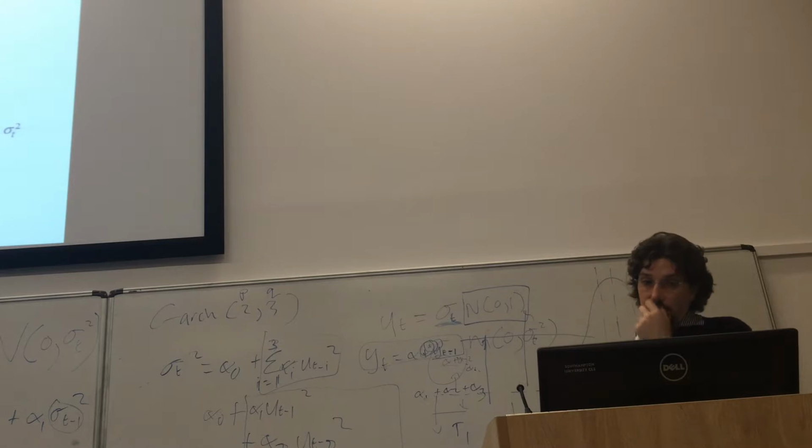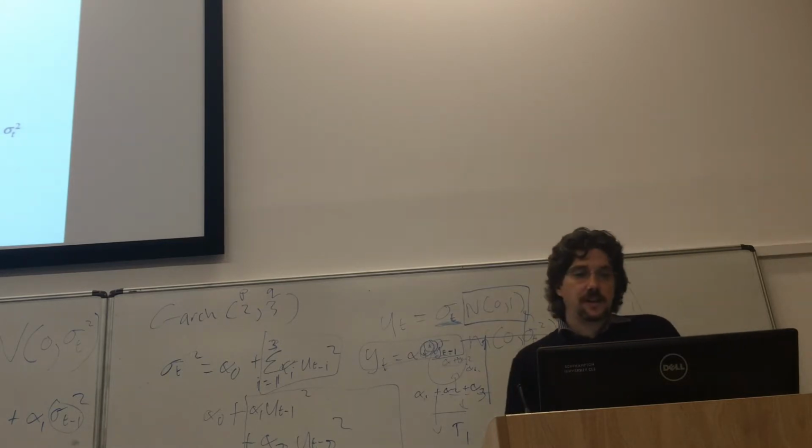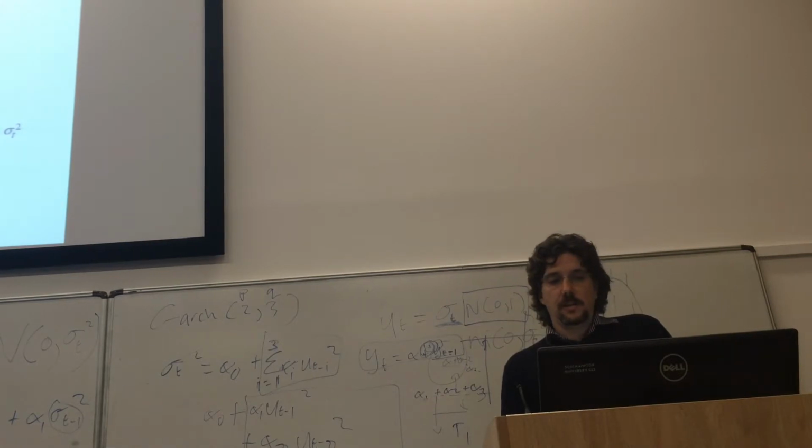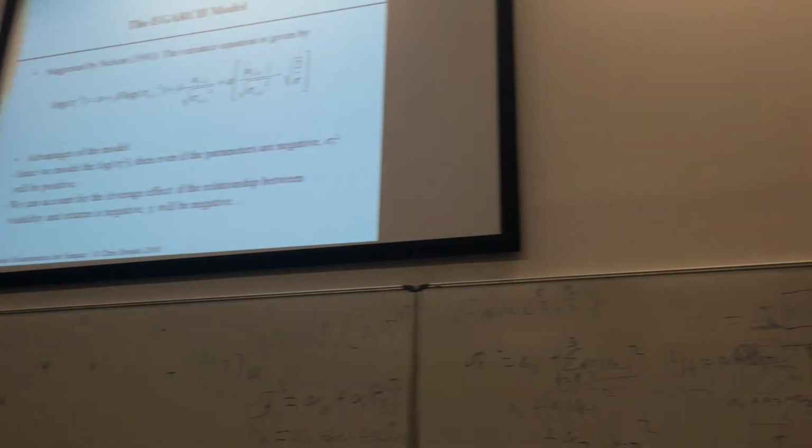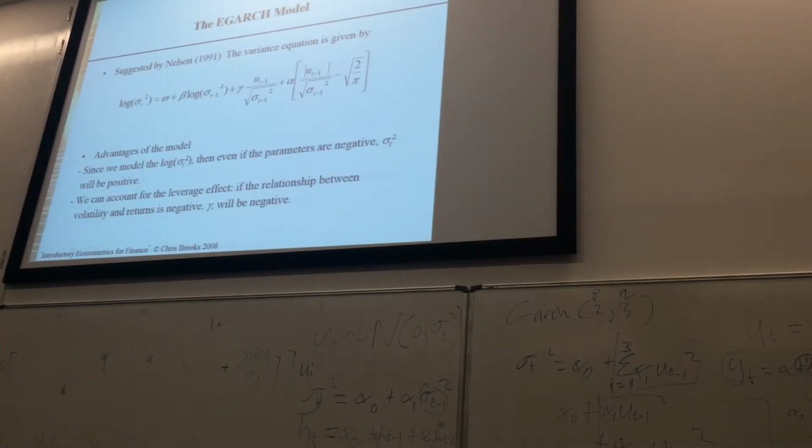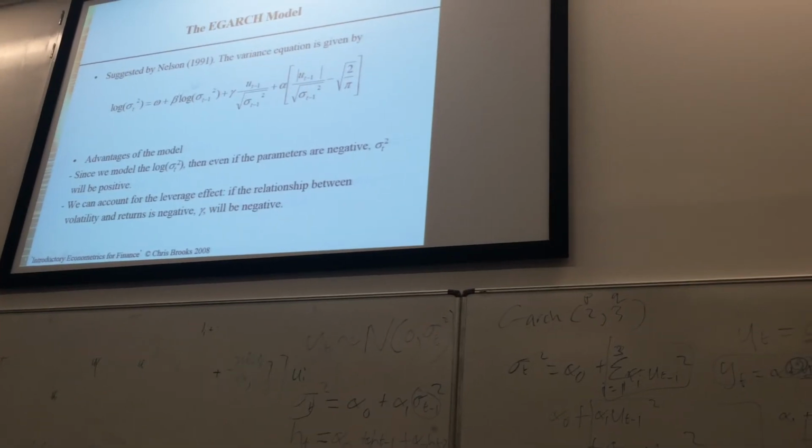Here's the variance equation. You've taken the log of sigma squared t and the log of sigma squared of t minus 1. Everything in this is constrained to be positive. When you take the exponential of both sides, you get back to just sigma squared on the left, and a load of terms on the right.